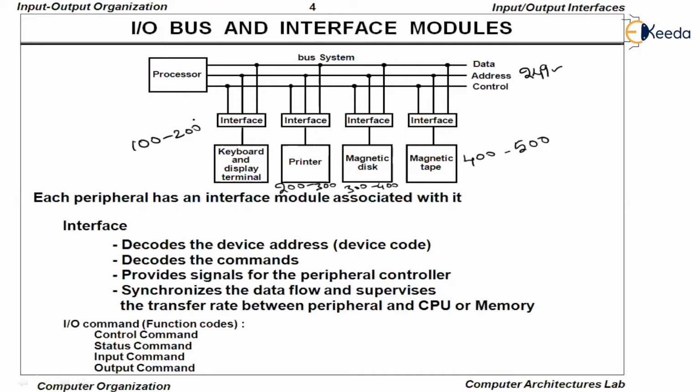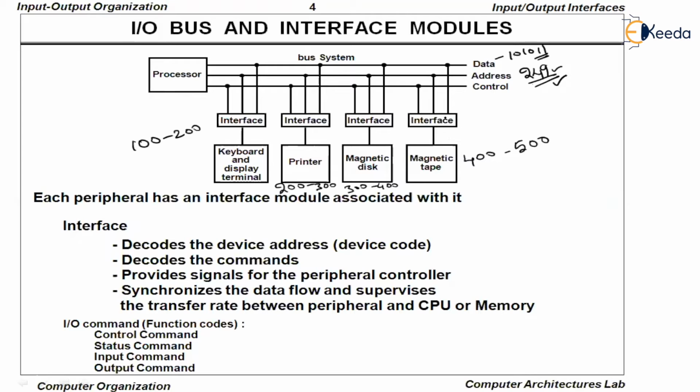Once again, the moment the processor wishes to communicate with one of the devices, first it will load the address bus with the corresponding address, followed by the corresponding data. Now the data is, let us say, 101011. This data wants to be sent to this address.